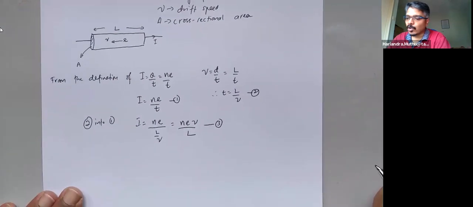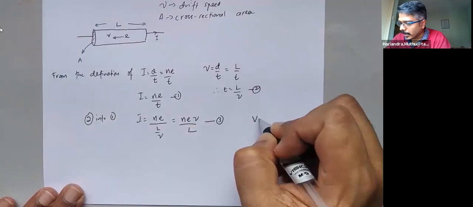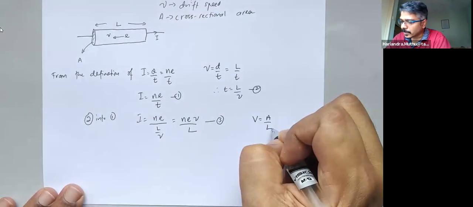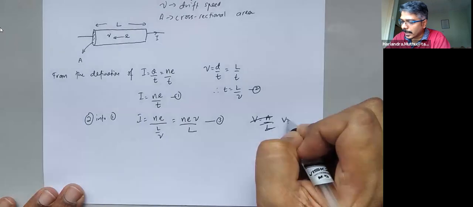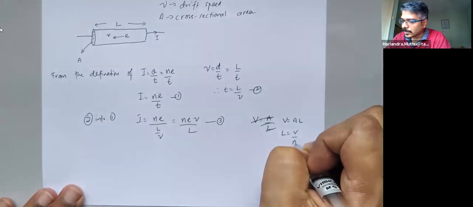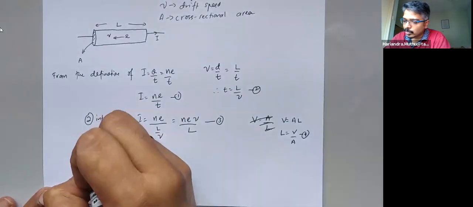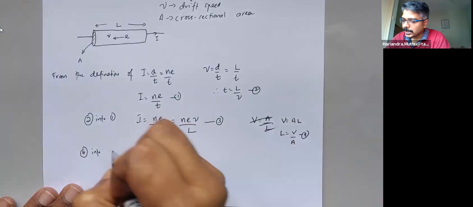The volume of the conductor V equals AL. So L equals V over A. This is equation 4. We substitute equation 4 into equation 3.